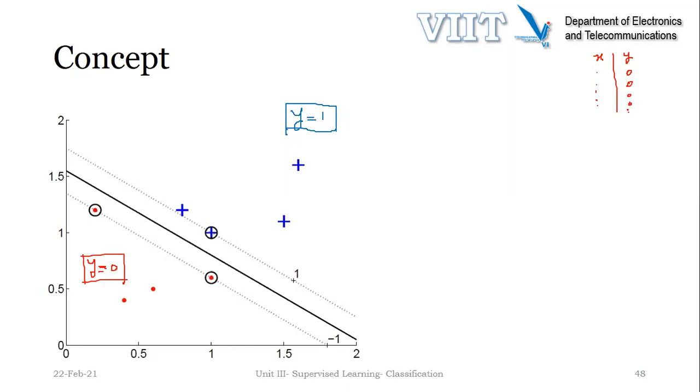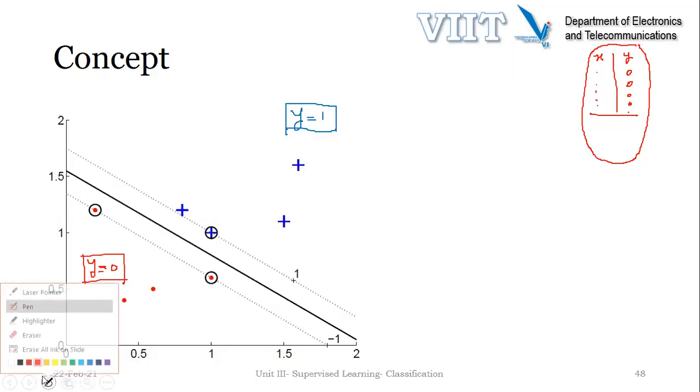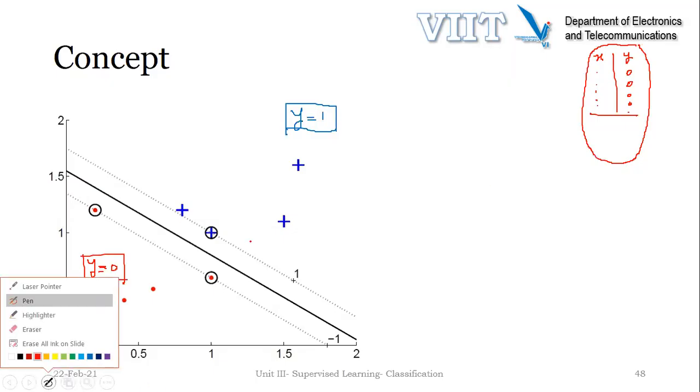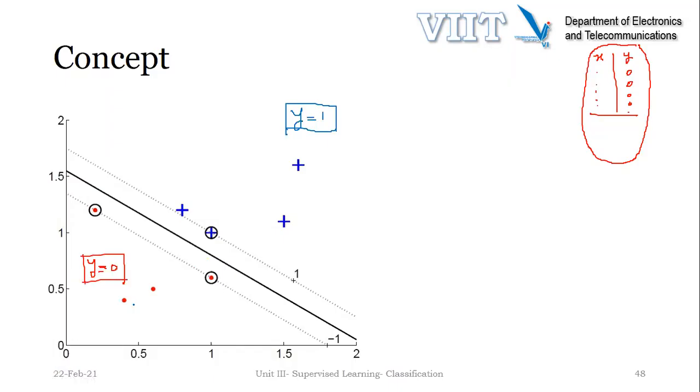These are the target points. Similarly, you will have for y is equal to 1. This is how the labeled data is given. Here you may have the blue samples also, some x values and corresponding y is equal to 1. So this is the target class.